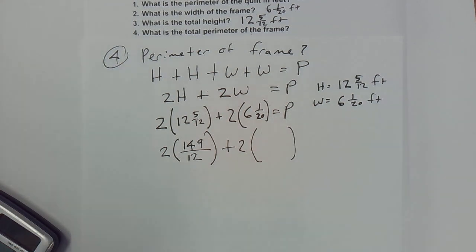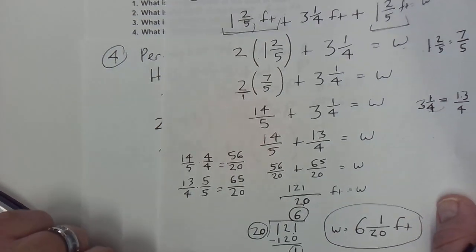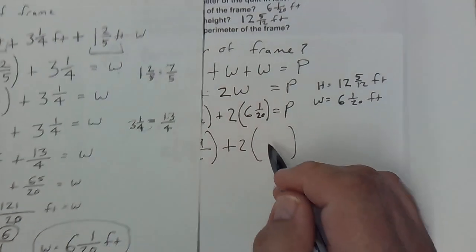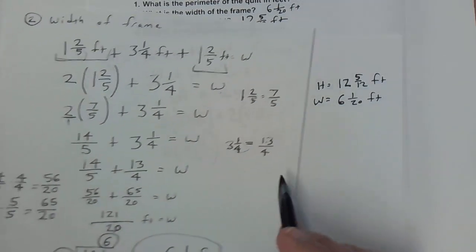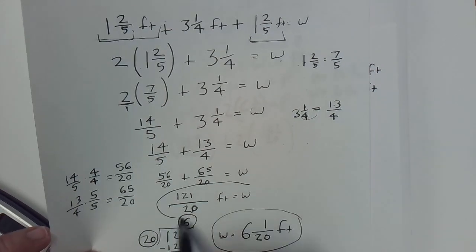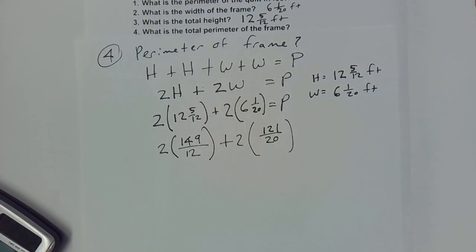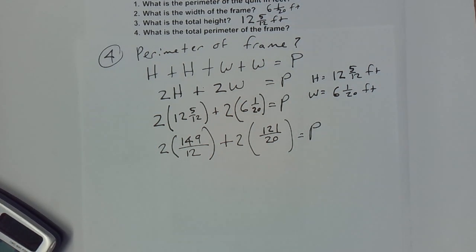Our prior video showed us that the width of the frame as an improper fraction was 121 over 20. So that is another advantage to writing all your work out every step of the way. Also, in case you make a mistake, it's easier to find your mistake. And this is all equal to the perimeter.